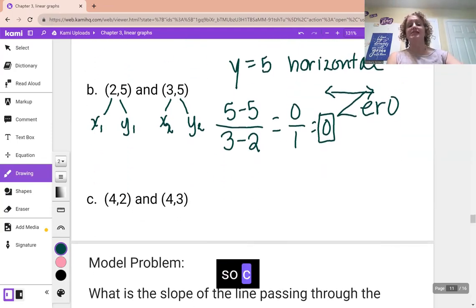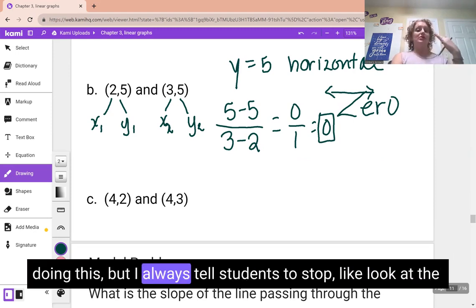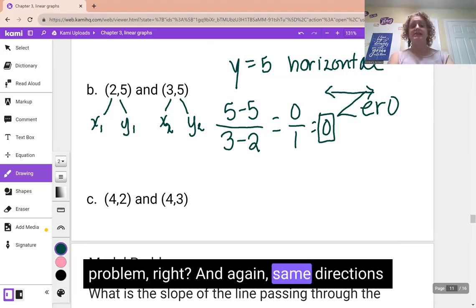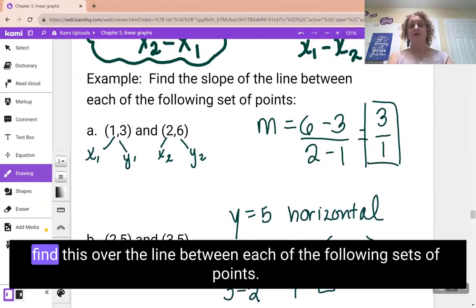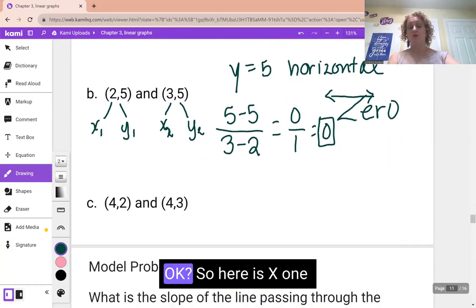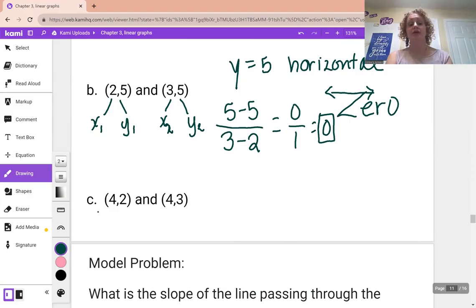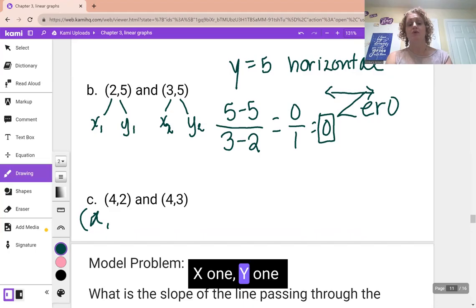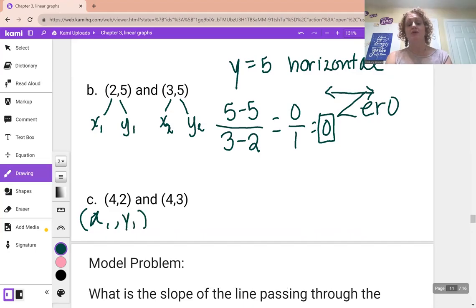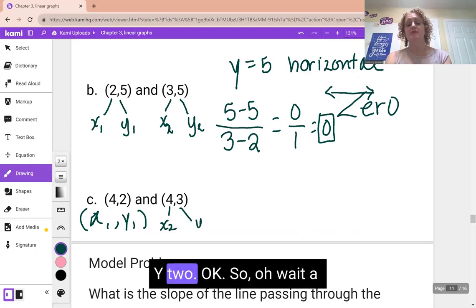Now let's take a look at C. Before we start, which again, sometimes you don't think about doing this, I always tell students to stop and look at the problem. Same directions: find the slope of the line between each of the following sets of points. So here's x1, y1, and here's x2, y2.